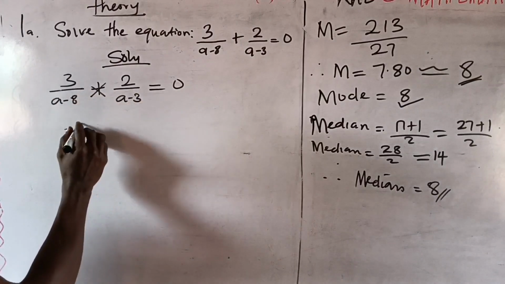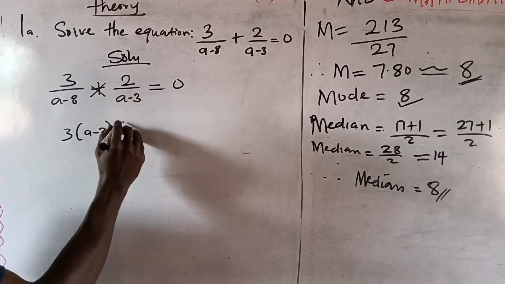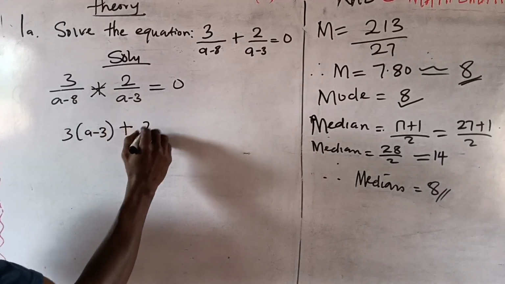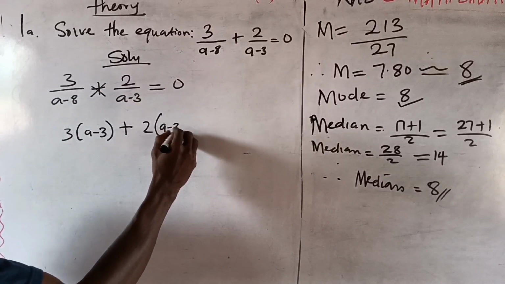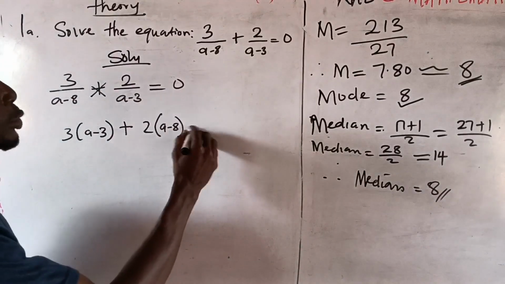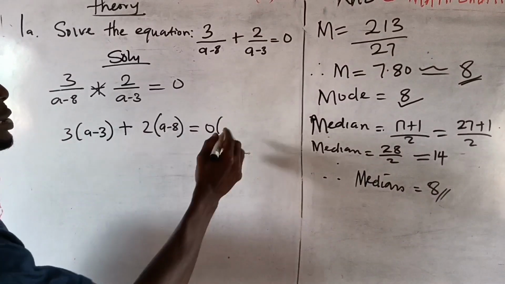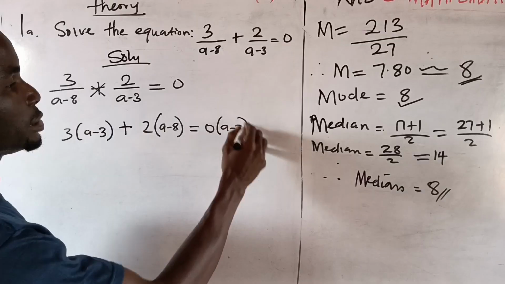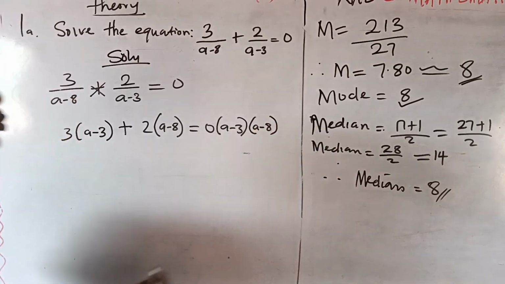This one is multiplying this: 3 open bracket a minus 3 close bracket plus 2 open bracket a minus 8 close bracket equals to 0 open bracket a minus 3 close bracket open bracket a minus 8 close bracket.